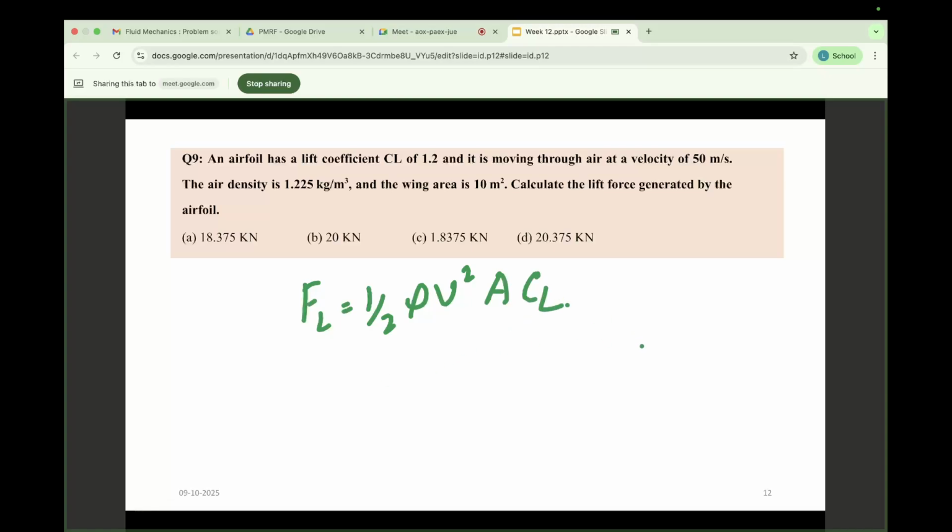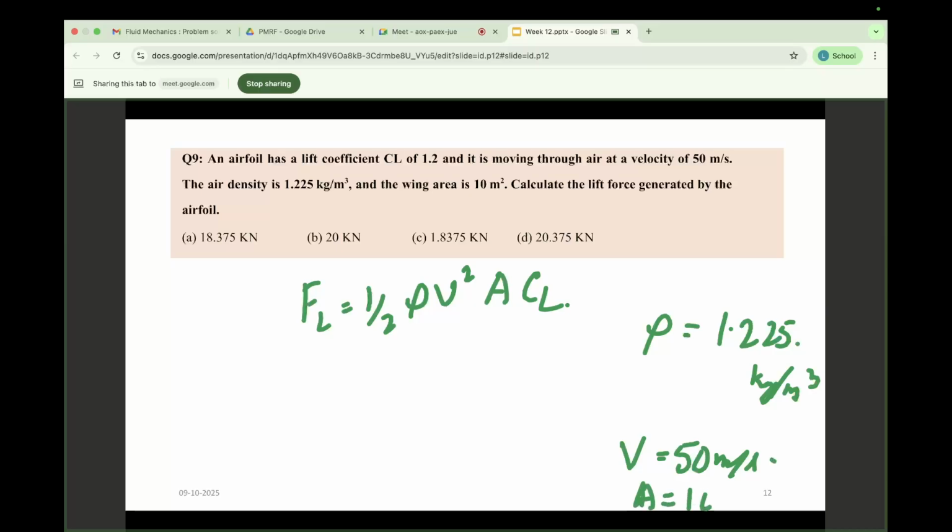Given in this question, rho is 1.225 kg per meter cube, right? Next is V. Velocity is given as 50 meter per second, and area A is given as 10 meter square.